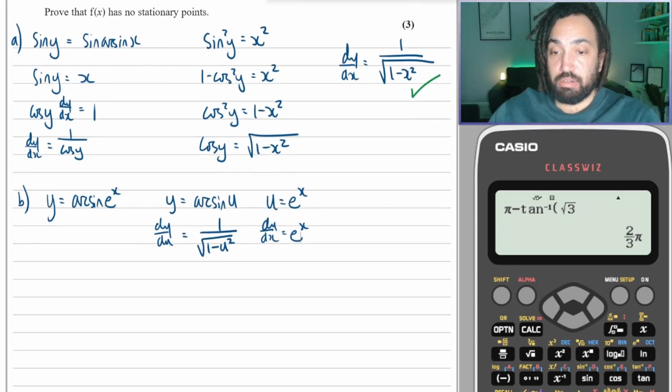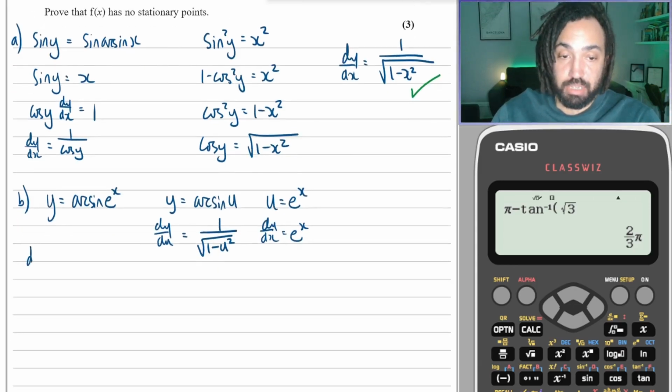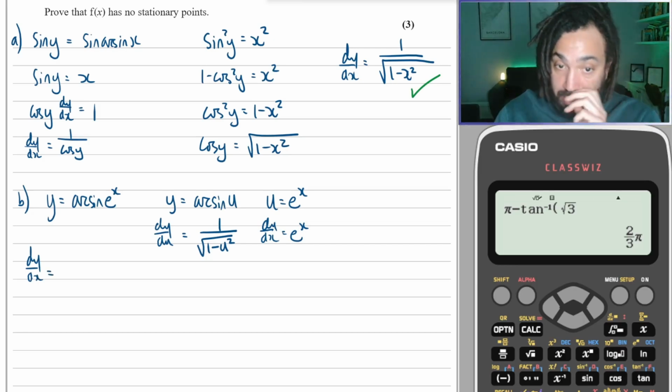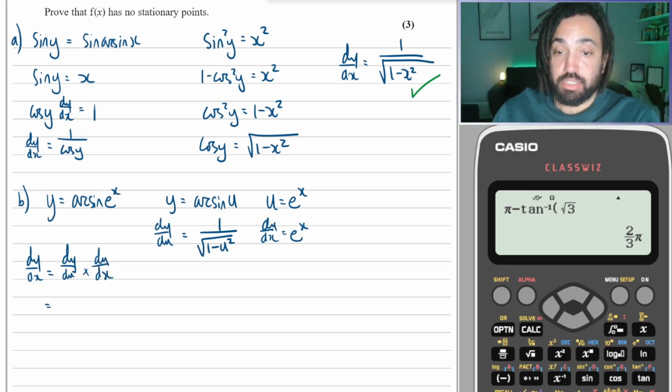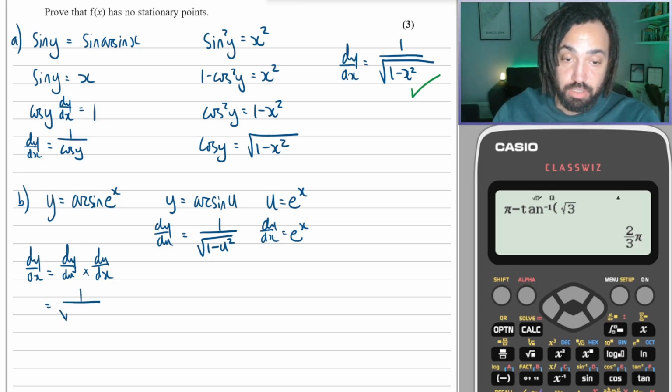Okay, so now we can show that dy by dx, so the derivative of this function arcsine of e to the x, is dy by du times du by dx. So this is 1 over the square root of 1 minus u squared multiplied by e to the x.